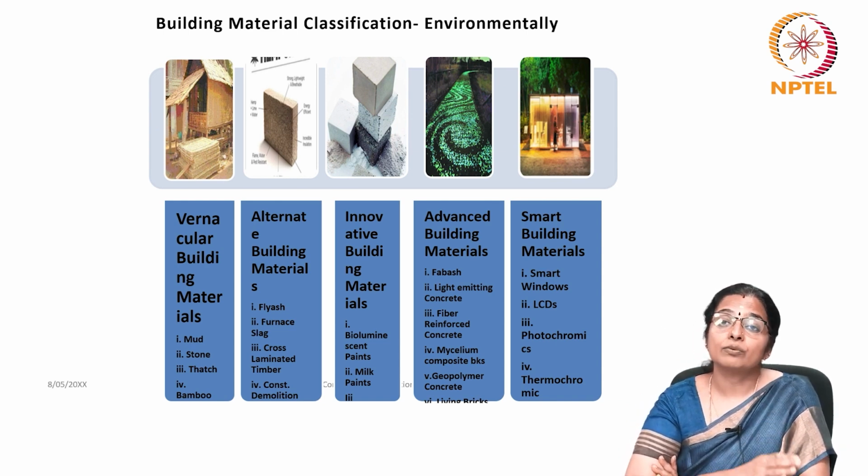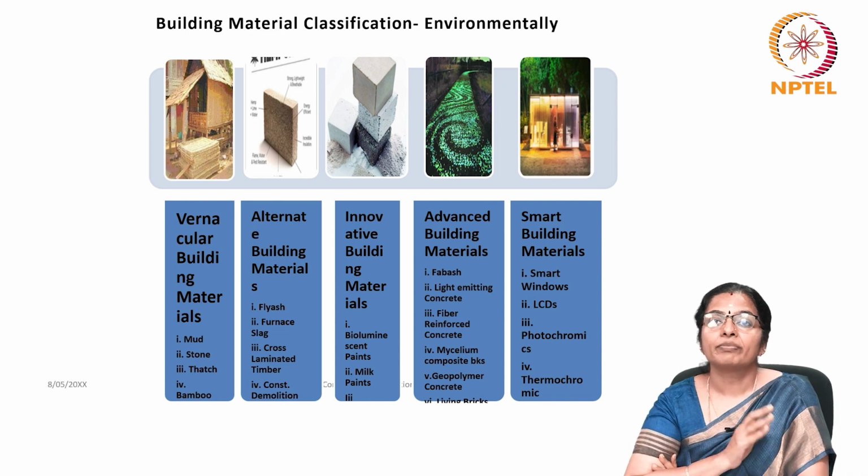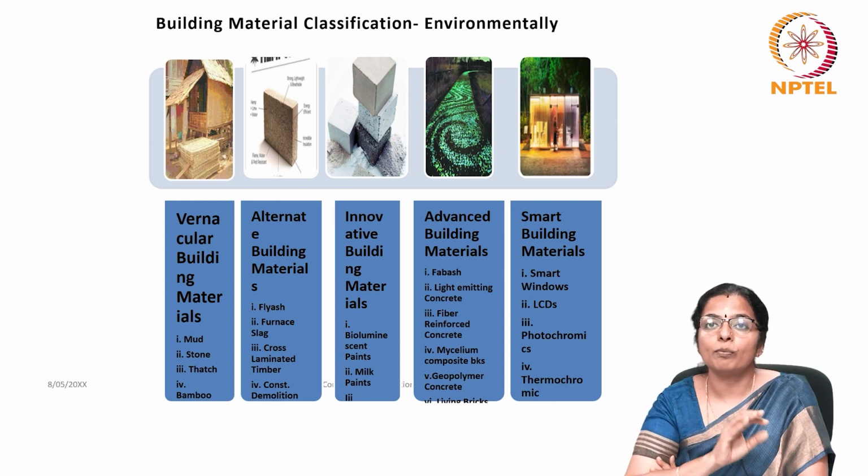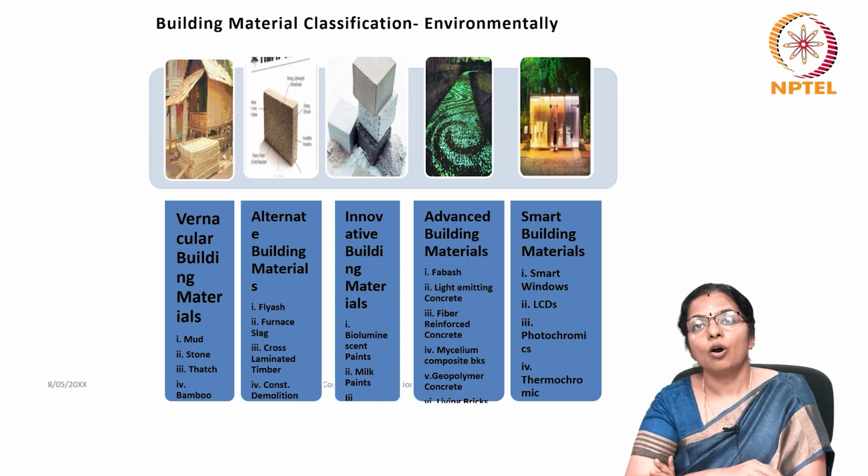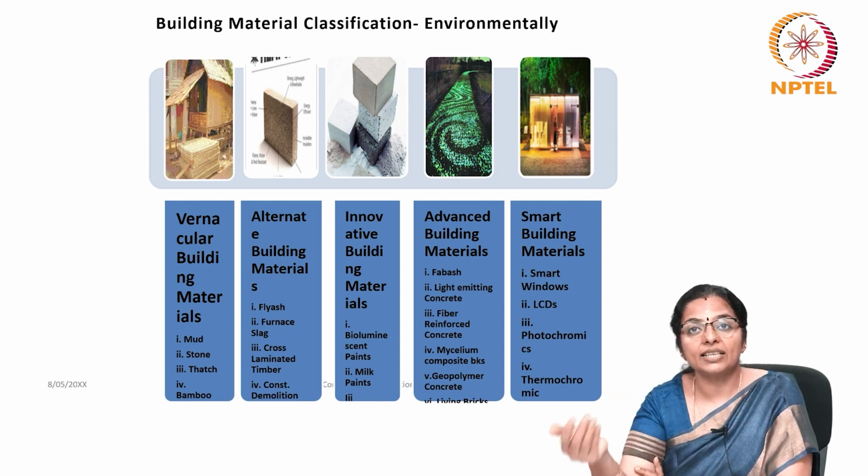These are materials which have a lot of scope. The idea of this course is to bring it out to you that there is a lot of scope of use of these building materials. However, a lot of research is needed on applying these building materials in architecture, because more research for application is needed.